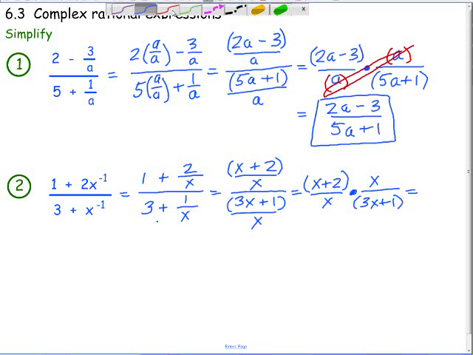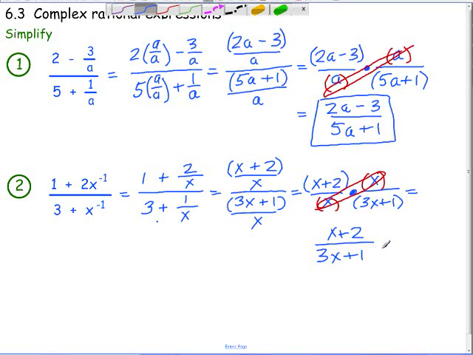And you see a simplification opportunity right here. X over x is going to simplify to 1 over 1, and we have x plus 2 over 3x plus 1.